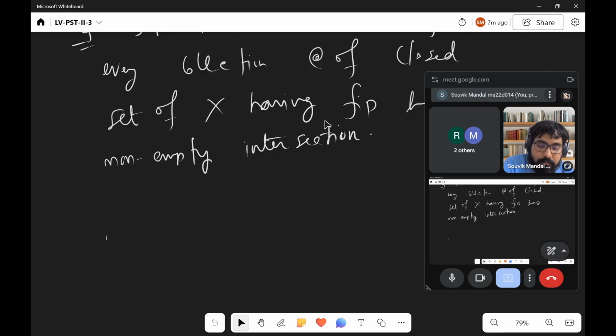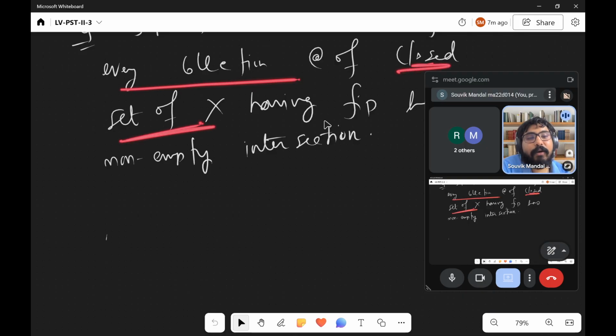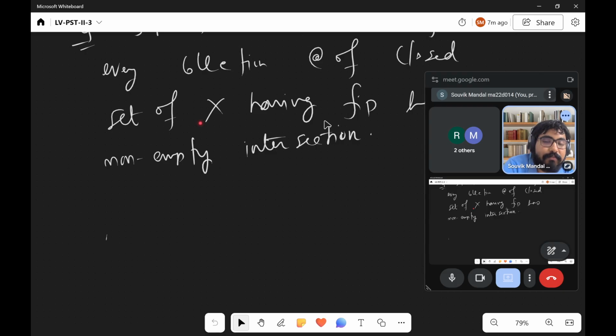Any arbitrary set. What does the question ask for? Every collection C of closed sets of X, right? From where is the open set coming? So you have a collection of some closed sets which satisfy FIP, and then we show the intersection is non-empty, right?